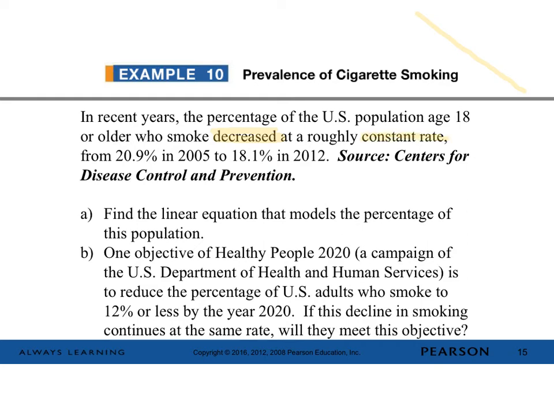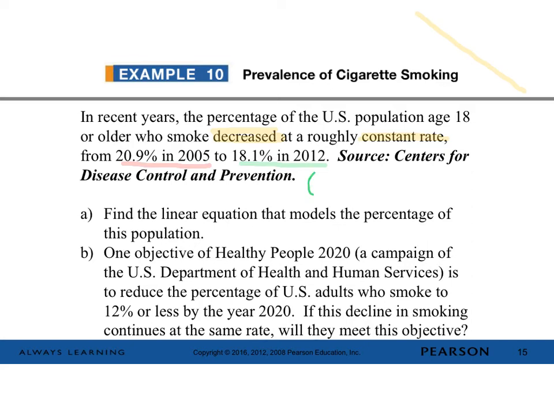And this is the way that it worked. It went from 20.9% in 2005 to 18.1% in 2012. And we know that it decreased, so we know the slope is going to be negative. Now, what this has told us so far is that we have a set of ordered pairs.